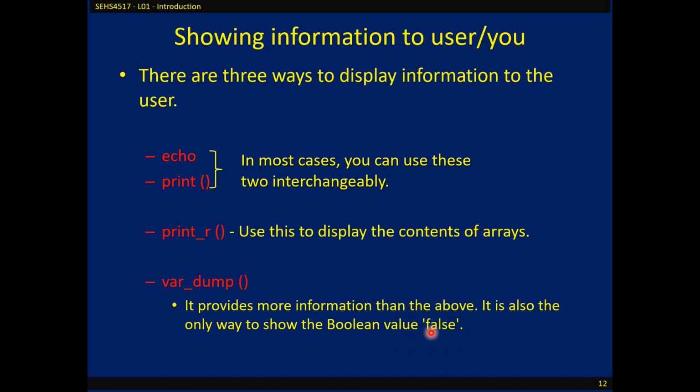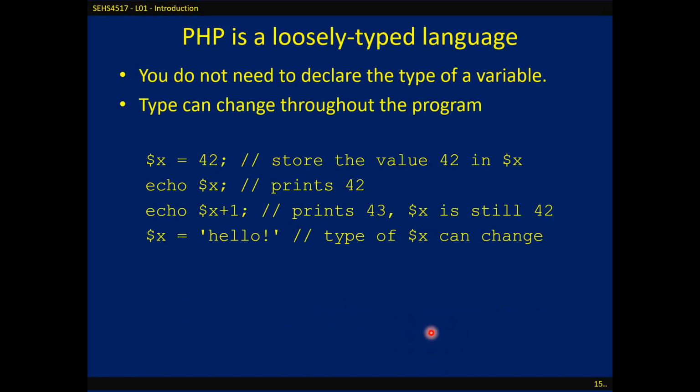Let's skip to slide 15. Now, PHP is a loosely typed language, which is very similar to JavaScript, which means that you don't need to declare the type of a variable. You can just use it in your program.